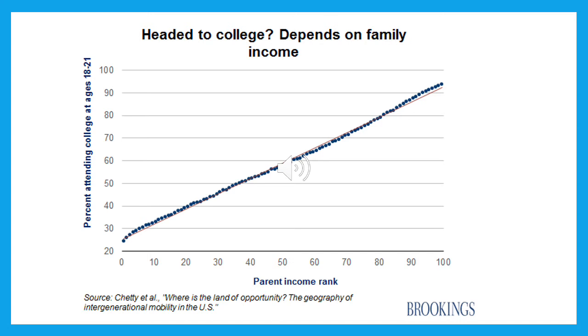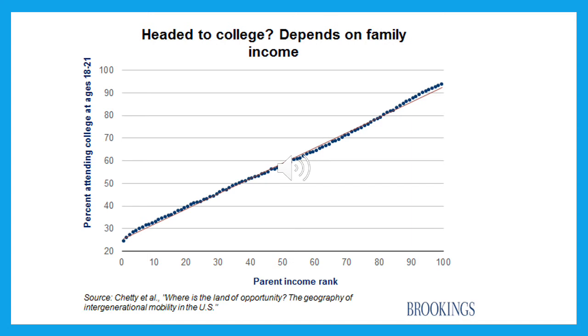So what we see is that for parents who earn at the median, about 60% of their children are in college ages 18 to 21. Those whose income is at the very bottom, only about 20% of their children are in college ages 18 to 21.